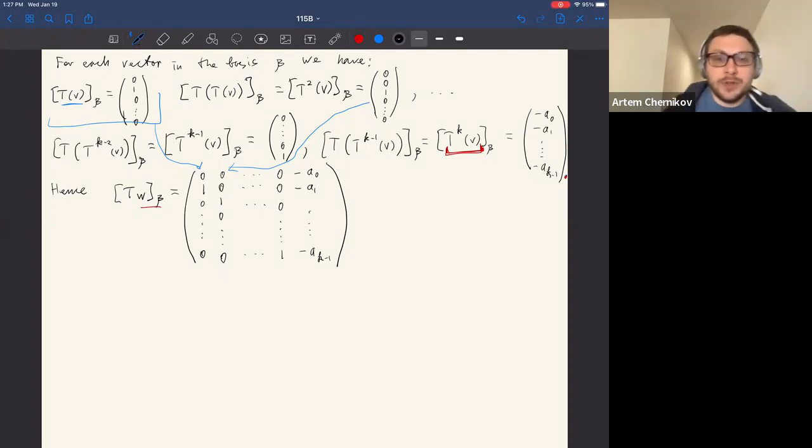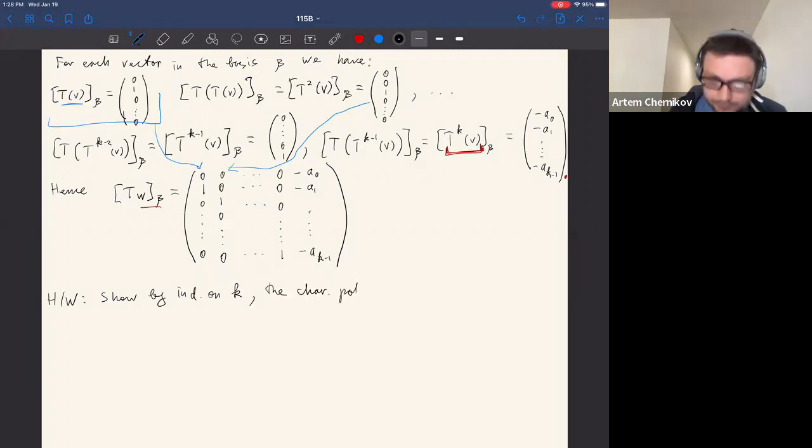Okay. If not, then we are almost done, but we are not actually going to do this part in class. So I leave it as an exercise in the homework. So the point is that if you have a matrix of this form, then homework, show by induction on k that the characteristic polynomial of T_W is equal to the one predicted by the theorem.